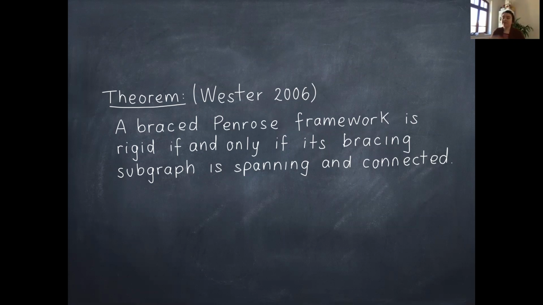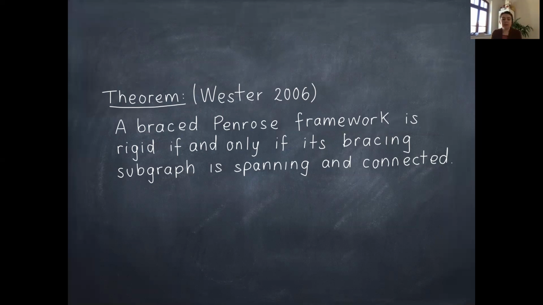And now, to the best of my knowledge, this first appeared in the work of engineer Ture Wester. So he has a paper where he proposed this theorem. And what we did in our group in the Illinois Geometry Lab was to revisit this theorem and try to write a more rigorous proof of the theorem.